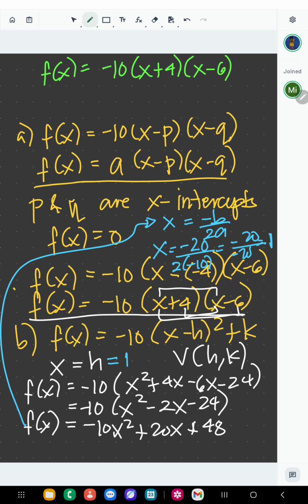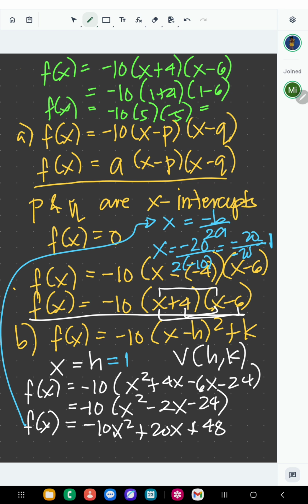Then we find y. So negative 10 times 1 plus 4 times 1 minus 6. So this is negative 10 times 5 times negative 5. So this is 10 times 5, 50. What is 50 times 5? Negative 50 times negative 5. Okay. Therefore, the vertex is 1, 250. Vertex is 1, 250.